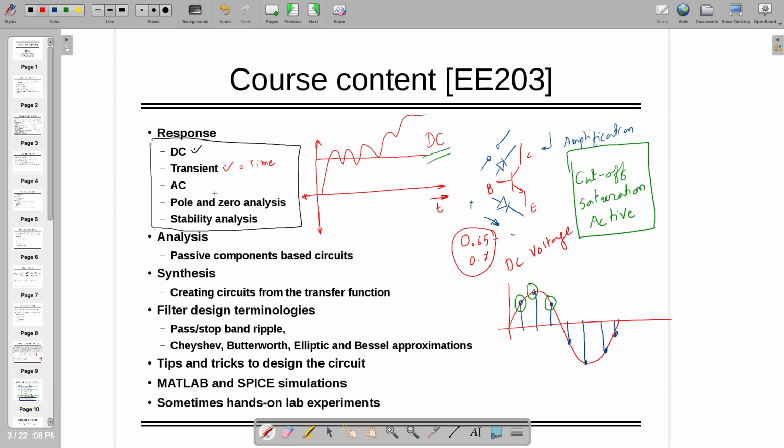Third one is the AC analysis. Now that's a more important thing. What do you think about AC analysis? Have you ever heard about AC analysis? What is AC response or AC analysis?